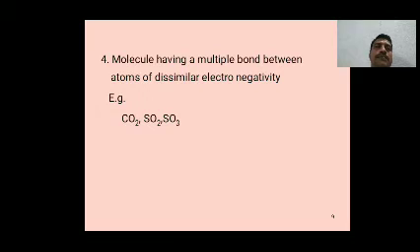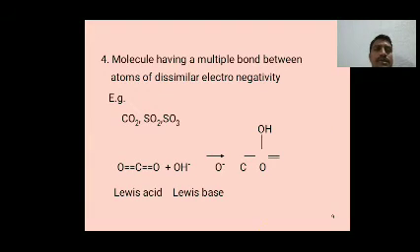These, with multiple bonds between dissimilar atoms, act as Lewis acids. In CO2, the C=O double bond reacts with negative ions to form COOH.